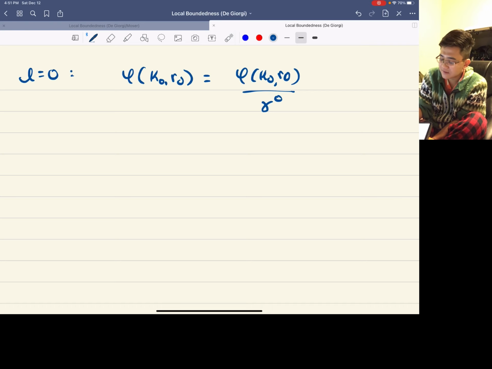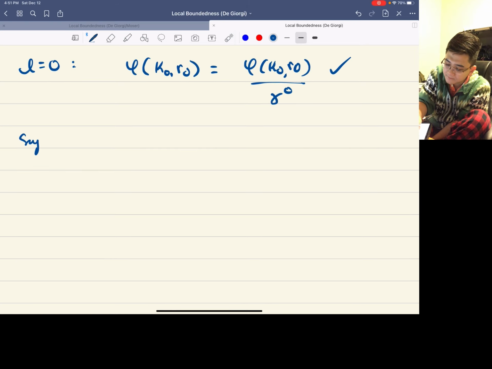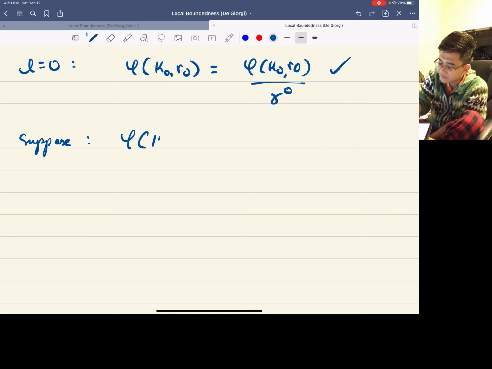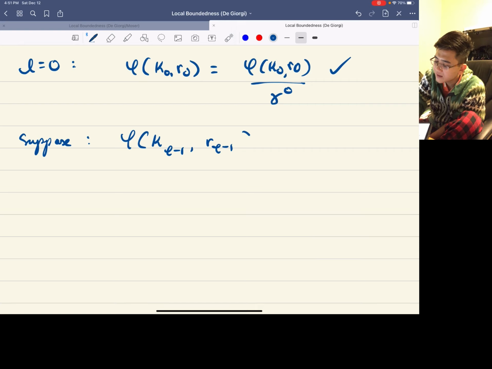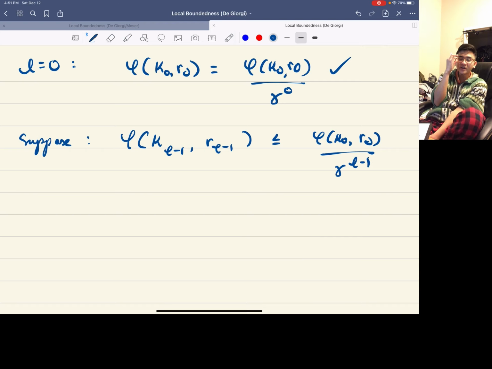So this is independent of whatever gamma is, as long as it's not zero. Okay, so suppose that it's true. Suppose that phi of K_{L-1} R_{L-1} is less than or equal to phi of K0 R0 over gamma to the L minus 1. So we need to show it's true for L.